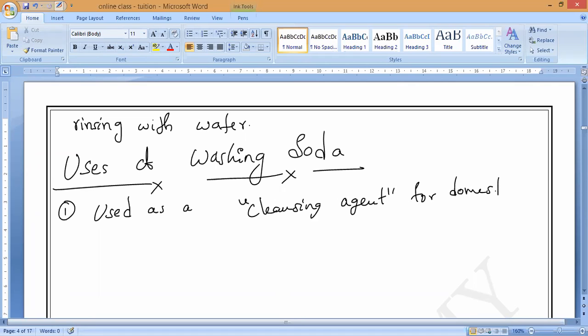What do you mean by domestic, Karthikeyan? Domestic means house. Domestic purposes like washing clothes. This is the first use.